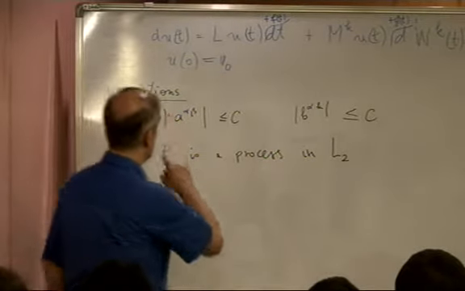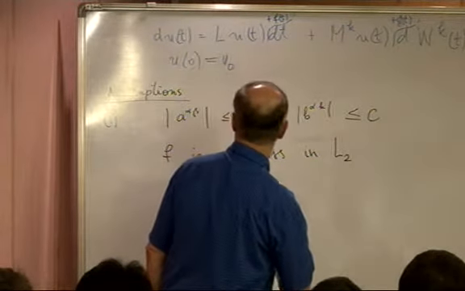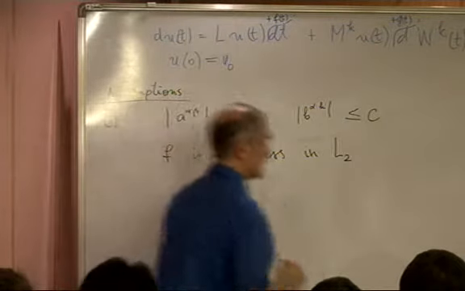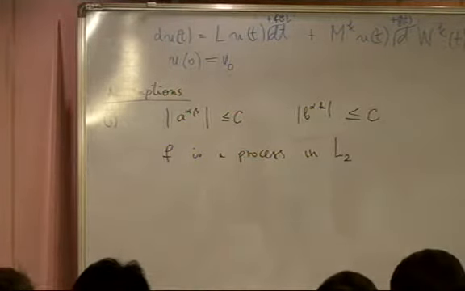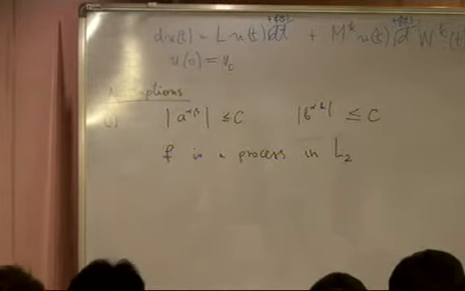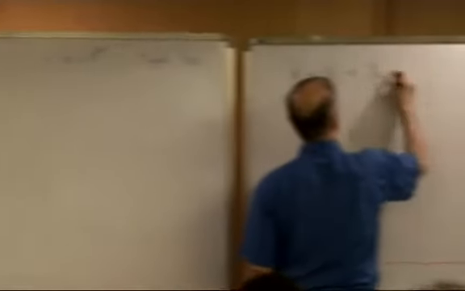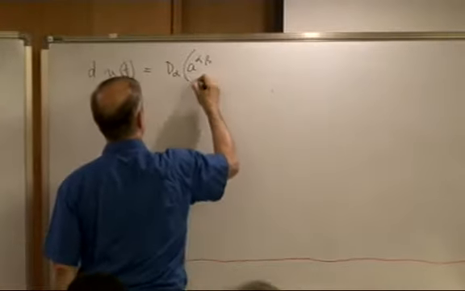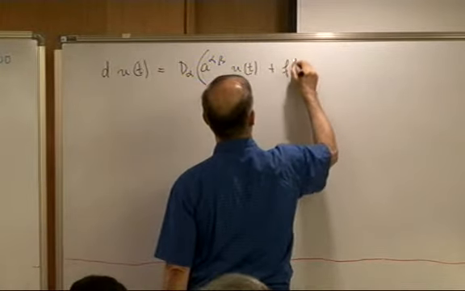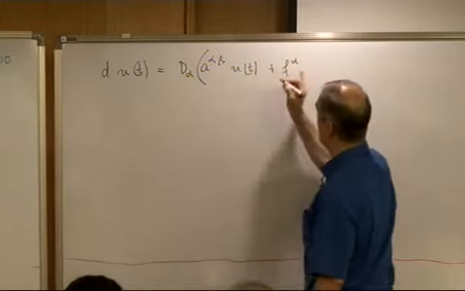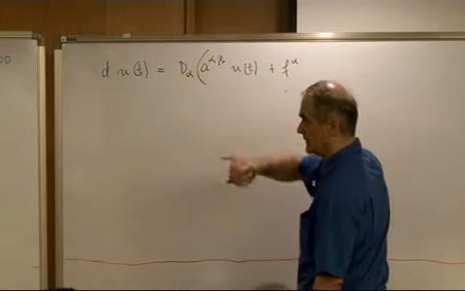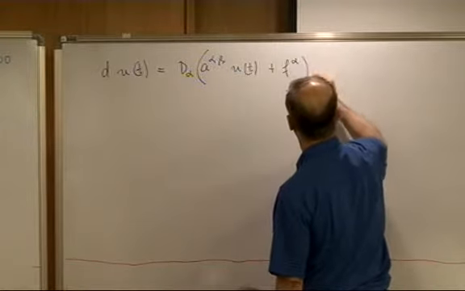So maybe I consider once again this equation. I write it down in a little more convenient form: a^{alpha beta} D_beta u_t plus f^alpha. So one can have derivatives on f^alpha as well, but let us forget that situation.